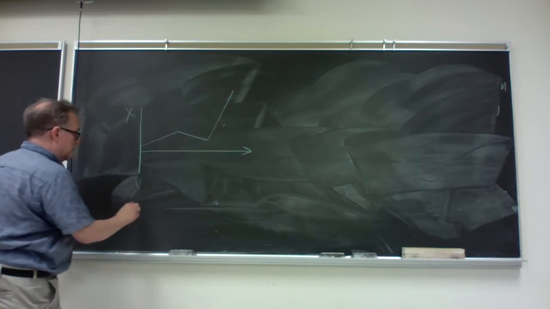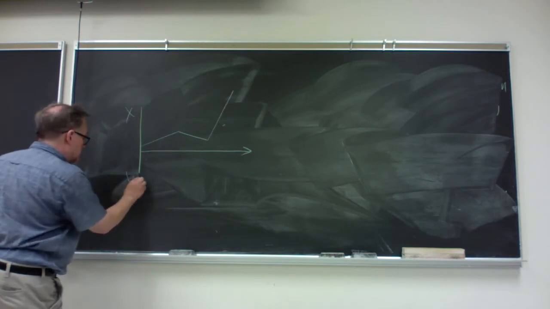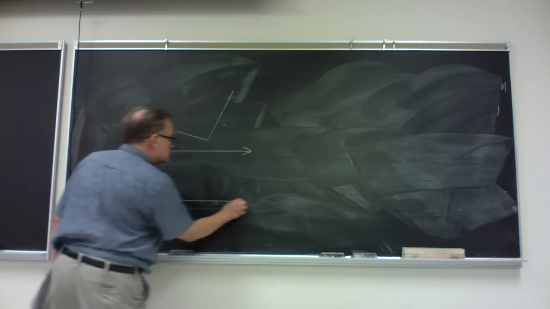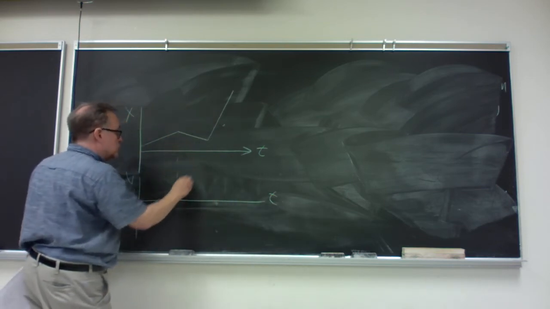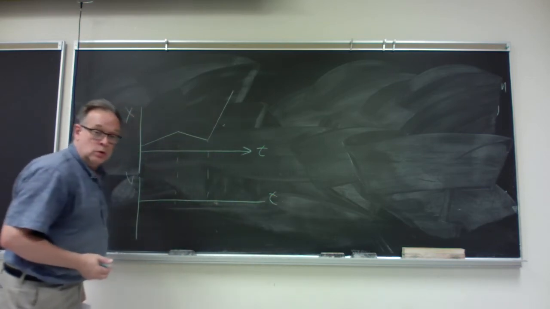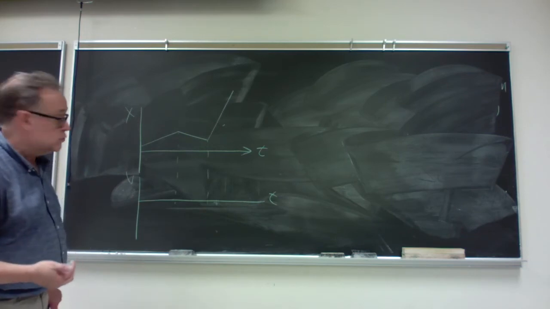So let's think of what a velocity versus time graph would look like. And things change at these points, so we'll line them up on the velocity graph because things are probably going to change on the velocity graph as well.